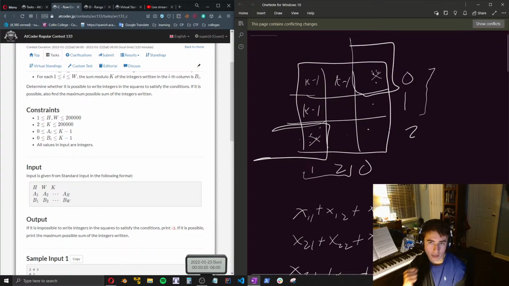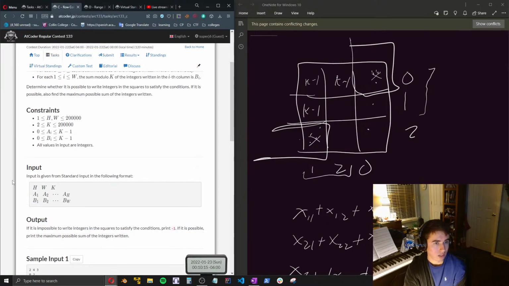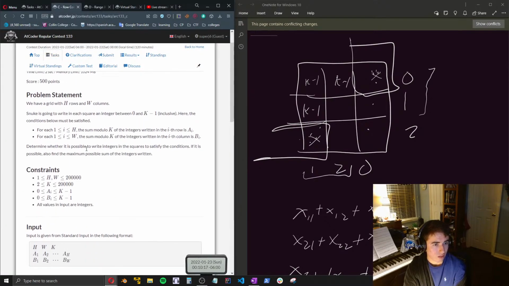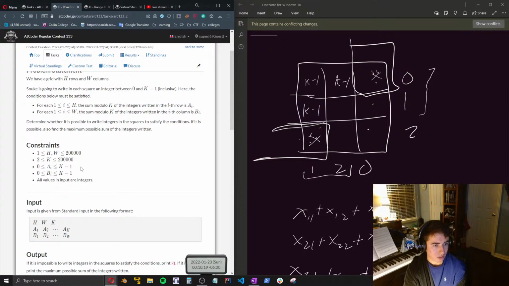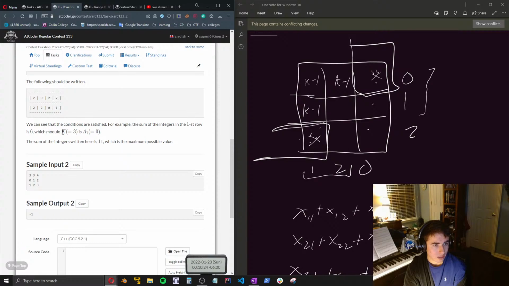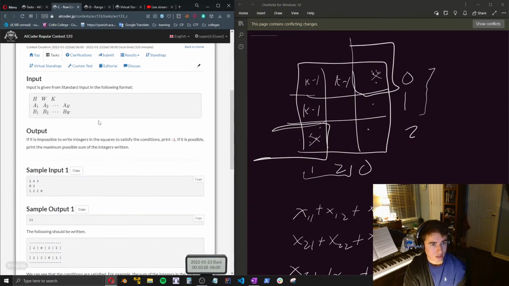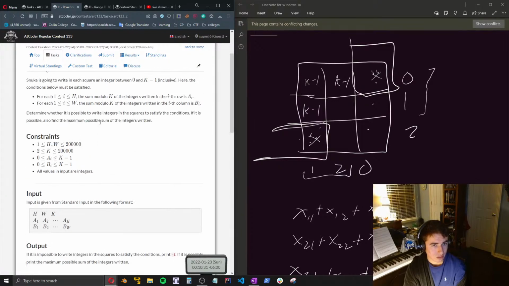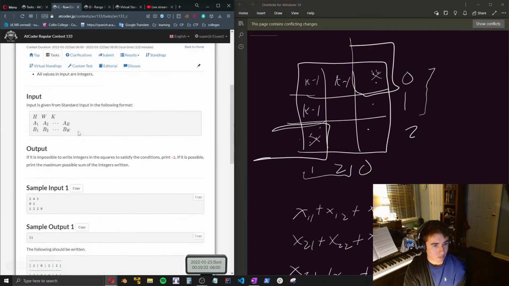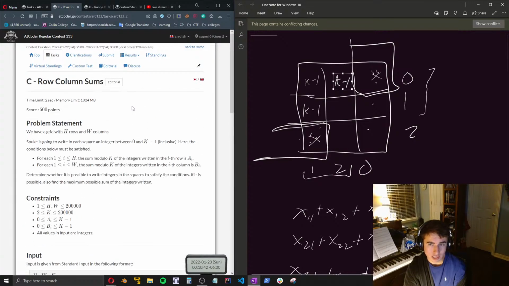Alright, what am I gonna do about this in the 10 minutes I have left? K is equal to 3. Why would I not put k? When's a case that I would not put k-1 for all these places?